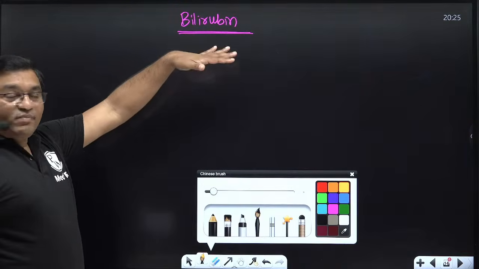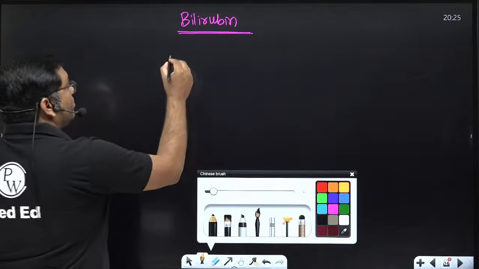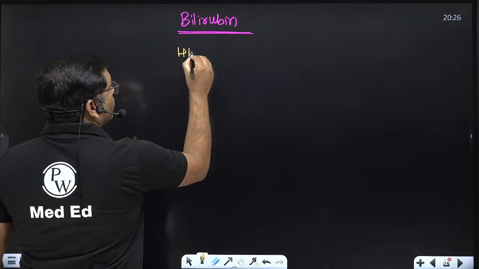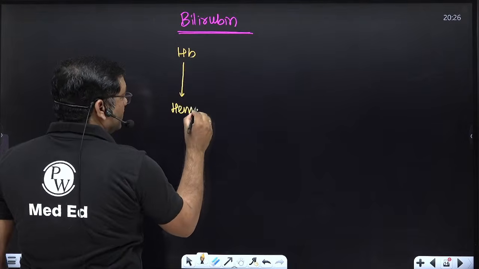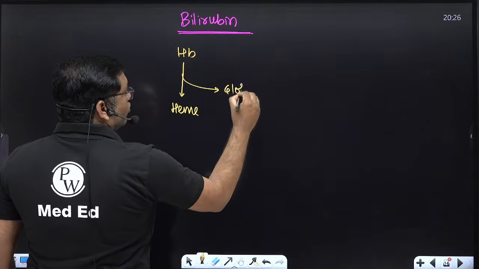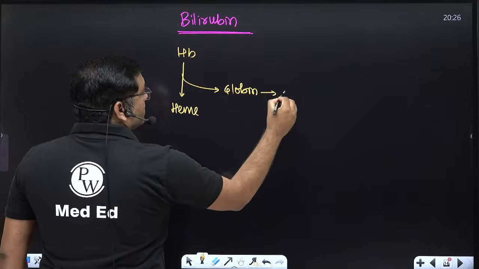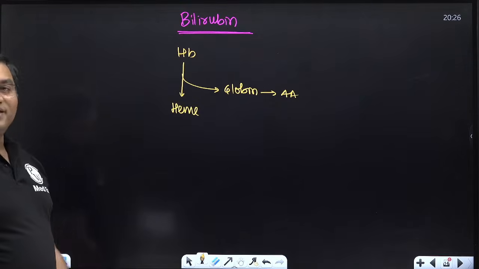In bilirubin metabolism, bilirubin is a product of the heme degradation pathway, where hemoglobin is broken down into heme and globin. Globin is converted into amino acids and reutilized.